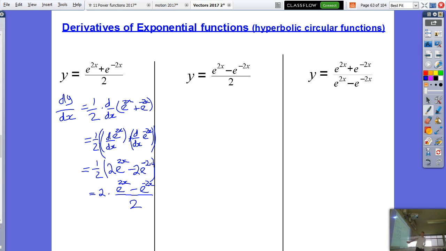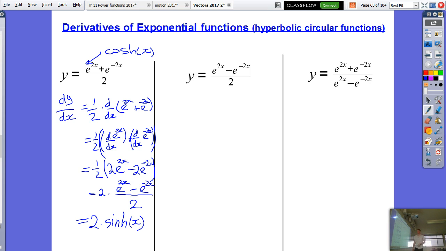And so we end up with this as the derivative. Now, by definition, what is this fraction equivalent to? Not cosh, sinh. So the derivative of a cosh, if you check your definitions, is a sinh function.